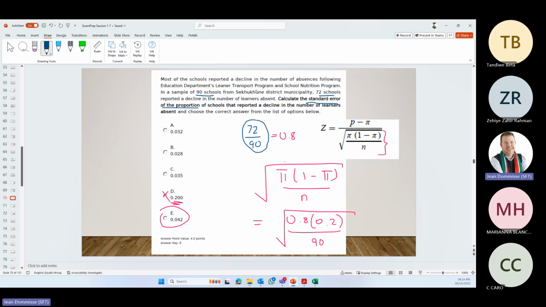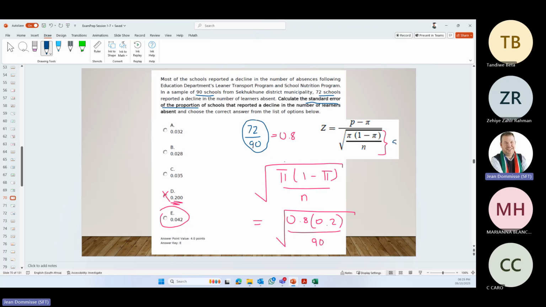So it looks like a normal distribution because of how big it is. Proportion basically tells you, is it happening or not? So 72 schools here out of 90 did, and then we compare it to what is happening in the rest of the population of schools.